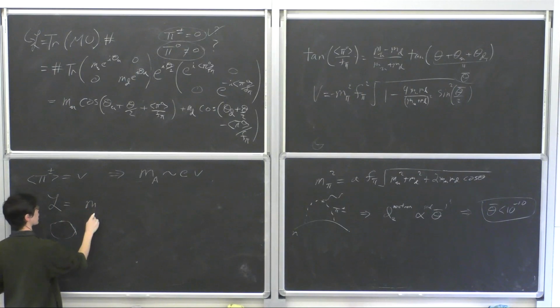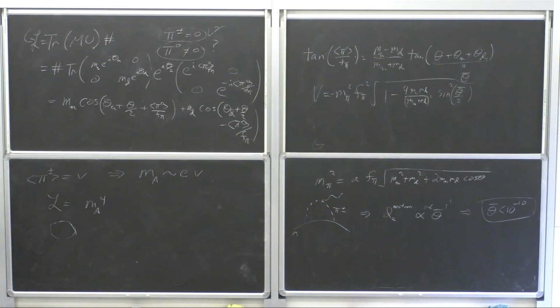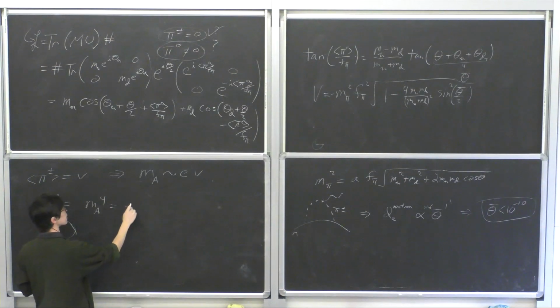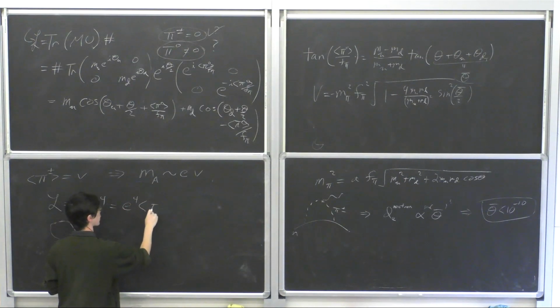This is going to be m_A to the 4th. Turns out it's a plus sign. And so this is e to the 4th times the VEV of pi plus or minus to the 4th.